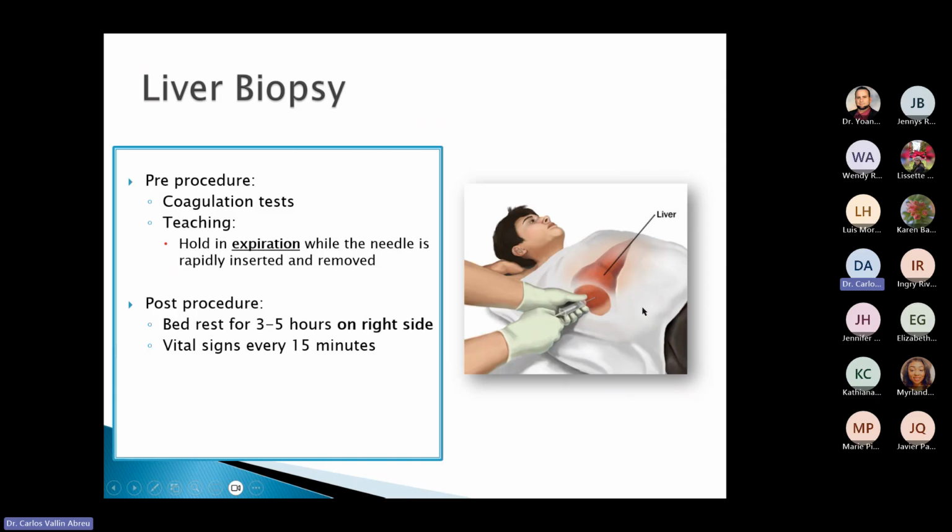The client is going to be resting comfortably in semi-Fowler or flat with the right arm behind the neck, while the doctor, with local anesthesia, in a very rapid movement, less than 5 to 10 seconds, is going to obtain the specimen with a needle that is introduced between the ribs.